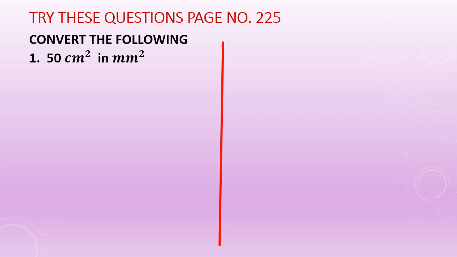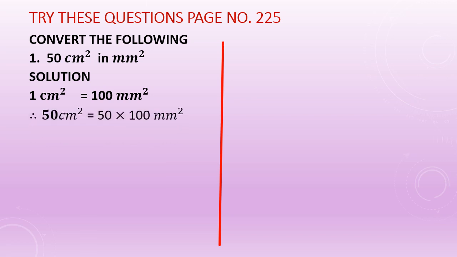Now we can solve. Try these questions of page number 225. Convert the following. 50 centimeter square in millimeter square. We know that 1 centimeter square equal to 100 millimeter square. Here we have to convert 50 centimeter square.